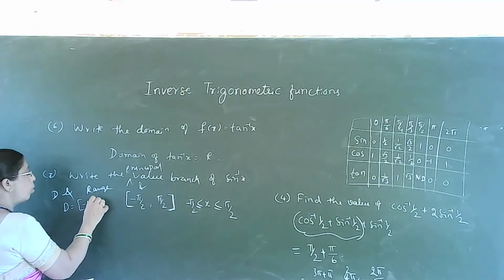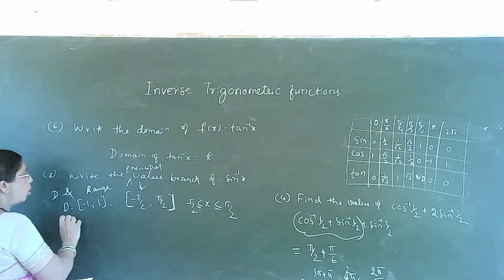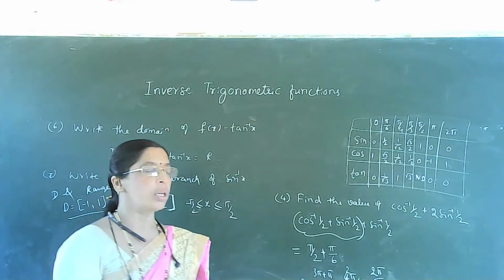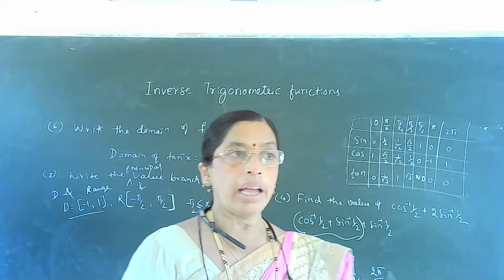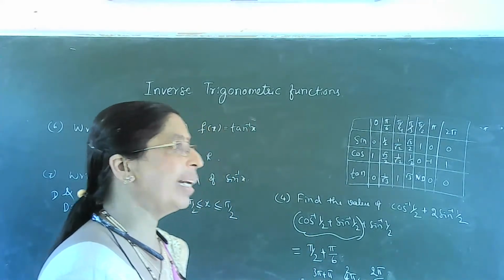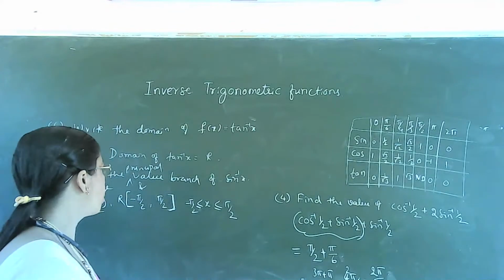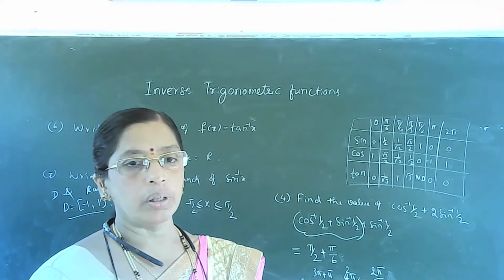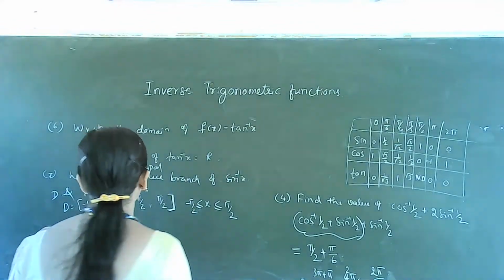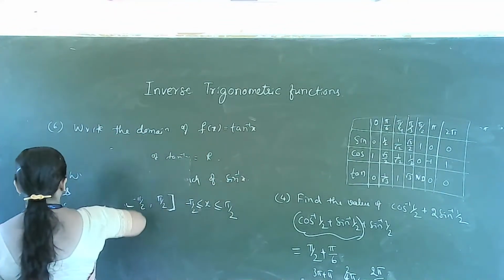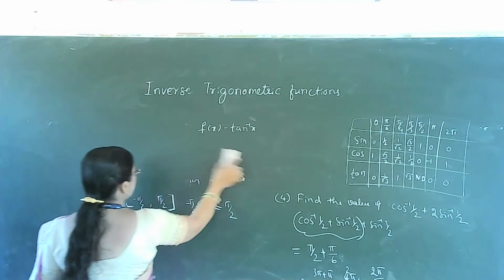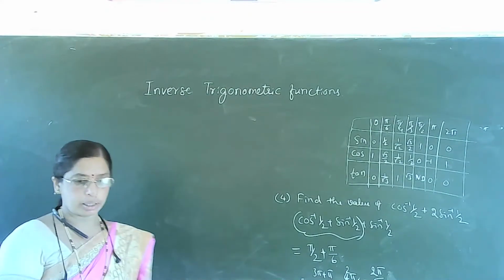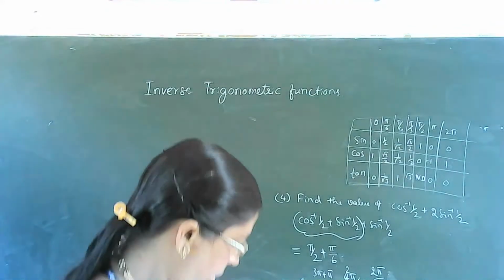Domain is equal to minus 1 to plus 1, and this is the range or principal value range of the sine inverse function. I practice only one question. You should practice all the inverse functions to write the domain and range. This is the 1 mark question, so this type is also asked in the question paper.